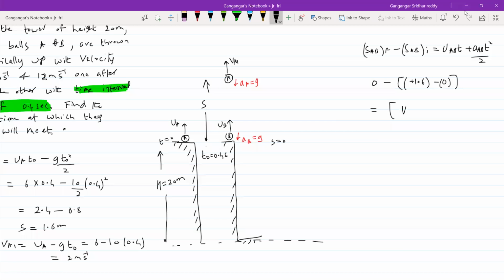Equal to, this will be VA1 minus UB, T minus acceleration.